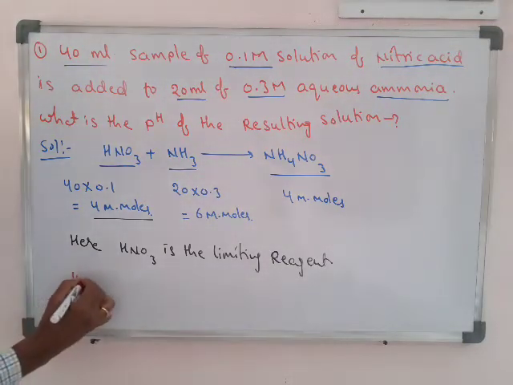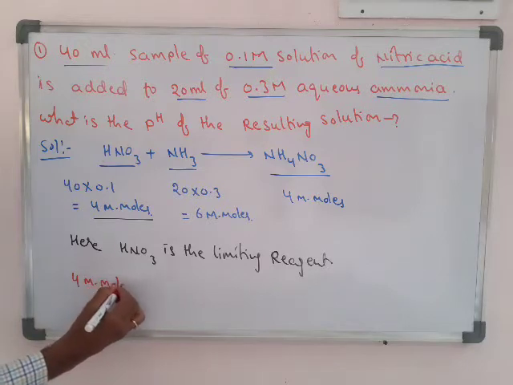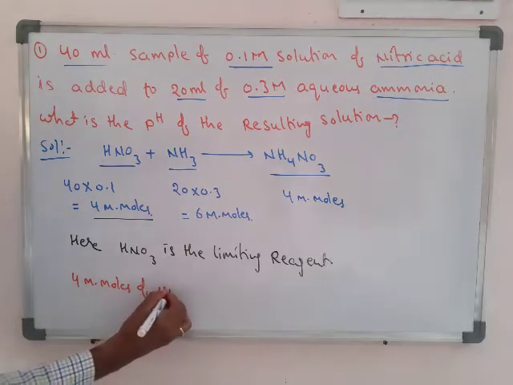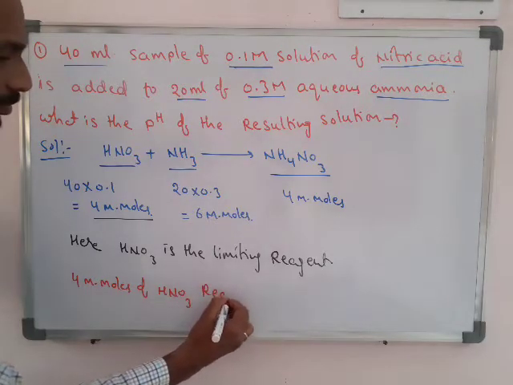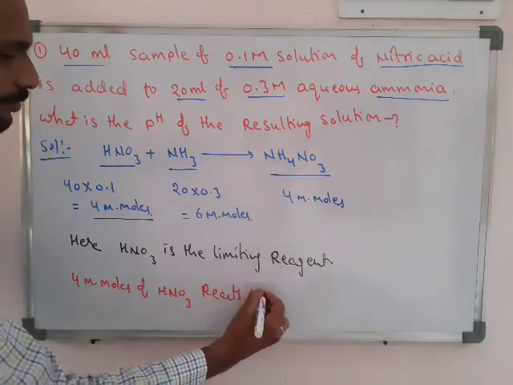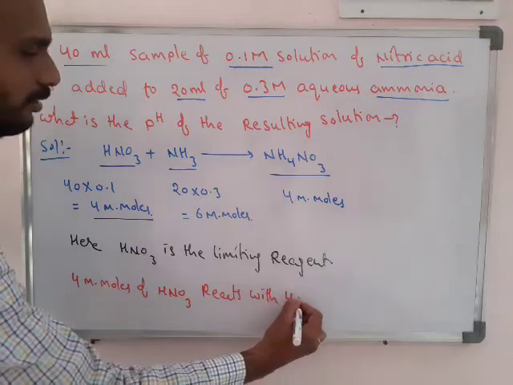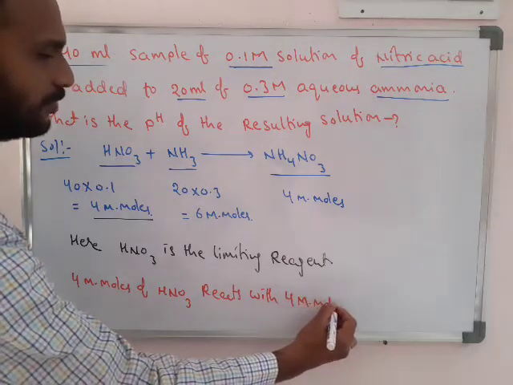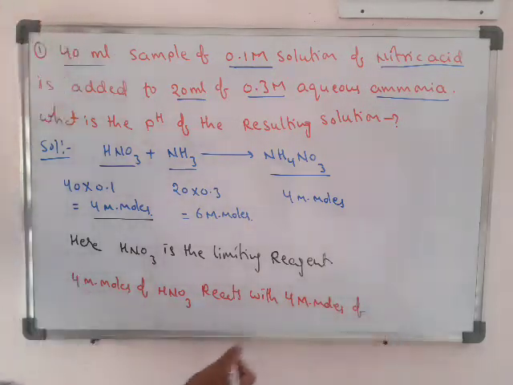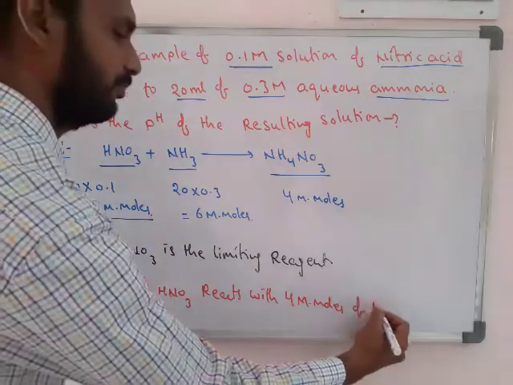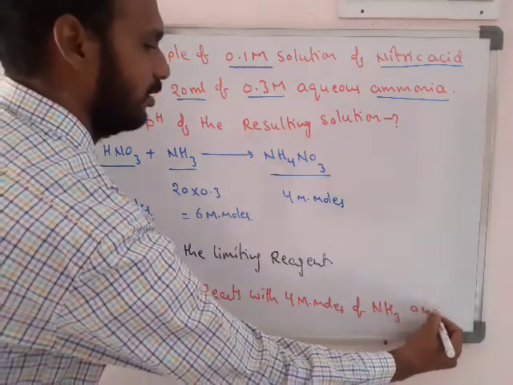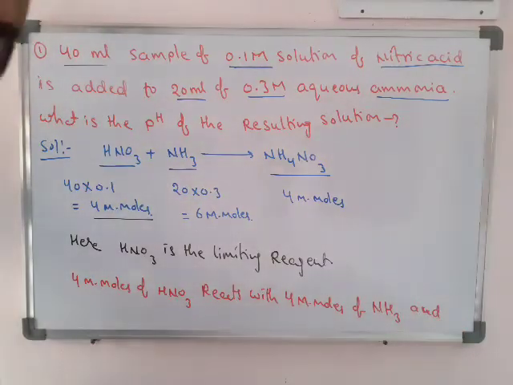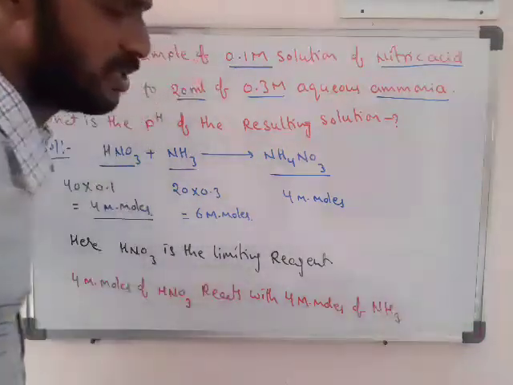So we can write 4 millimoles of nitric acid reacts with 4 millimoles of NH3 and forms how many millimoles of ammonium nitrate?